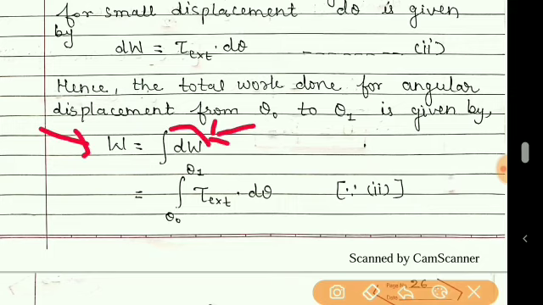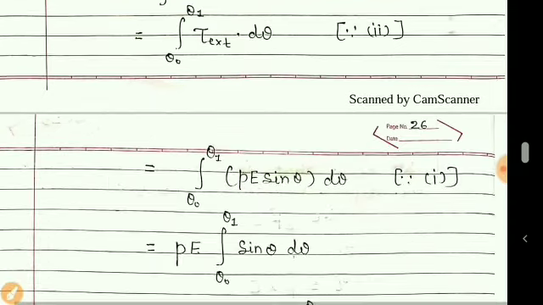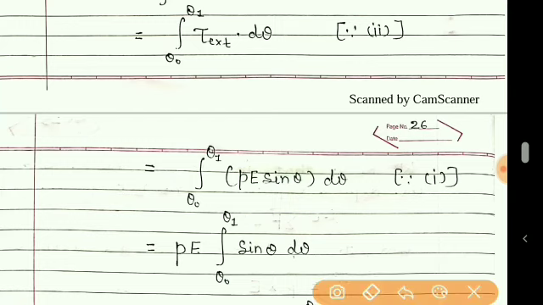So our next step is that the total work done is the integration of dW. Now what is dW? From equation number 2, we'll put this value with the limits, initial limit to final limit of integration. But what is torque? Torque is nothing but PE sine theta from equation number 1.